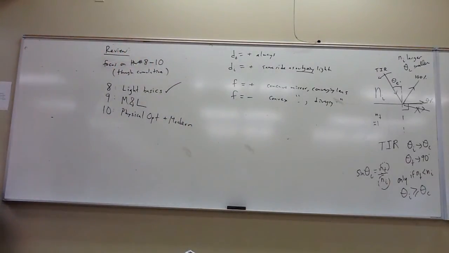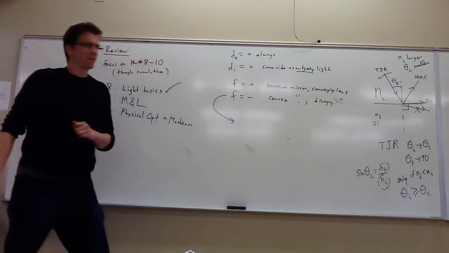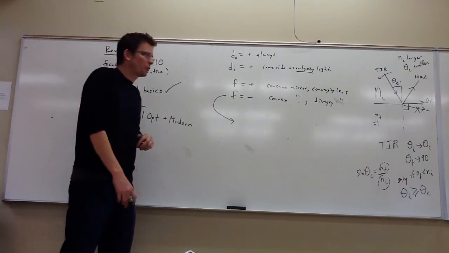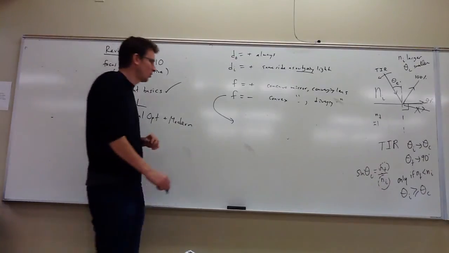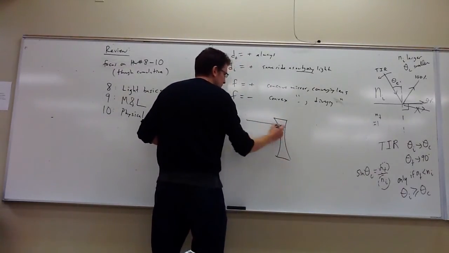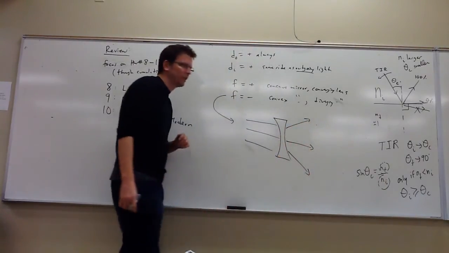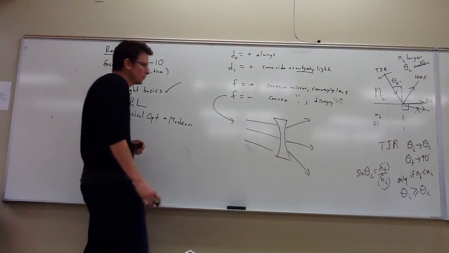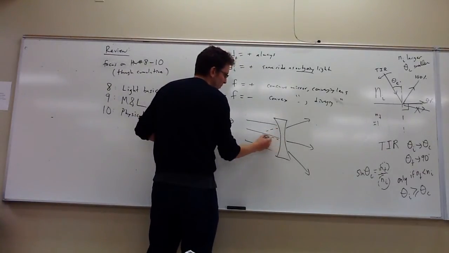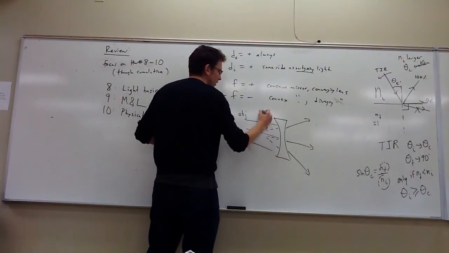And let me remind you, the easier case is definitely the convex mirror and the diverging lens. Those always scatter light. So just as an example, if I have my diverging lens, I send in light like this, it scatters it. The image is always going to be back here somewhere. So the object is over here, the image is over here.